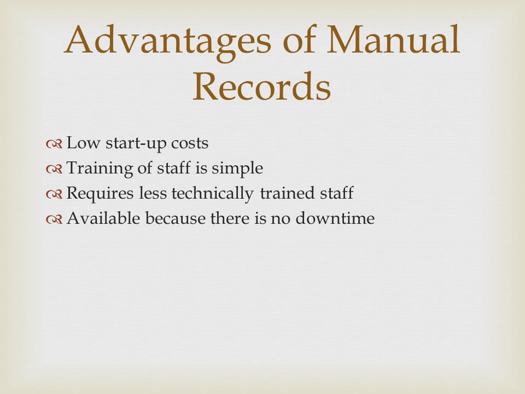You're basically just buying supplies at that point. Training staff is much easier when you have manual records. You don't have to have as much trained staff when you're dealing with paper records. And then one thing about paper records, they'll always be available anytime your computer system is down.